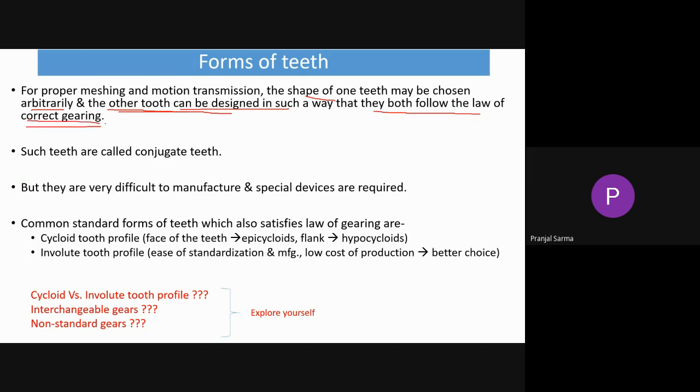You can have your own profile, but both teeth must be designed accordingly so that both follow the law of gearing. Such forms of teeth are called conjugate teeth, meaning one works only when the other is properly designed.